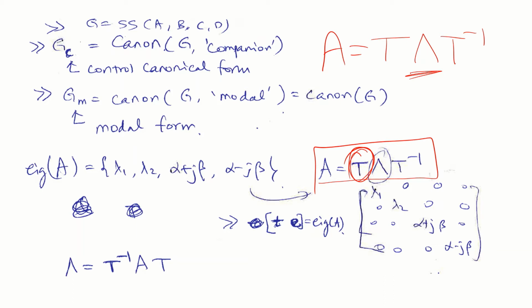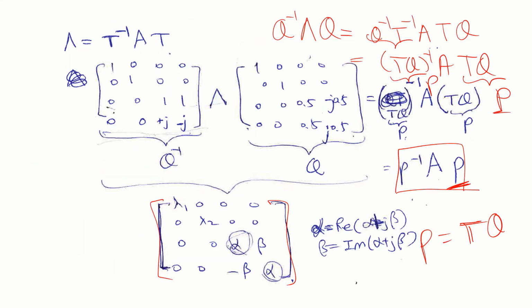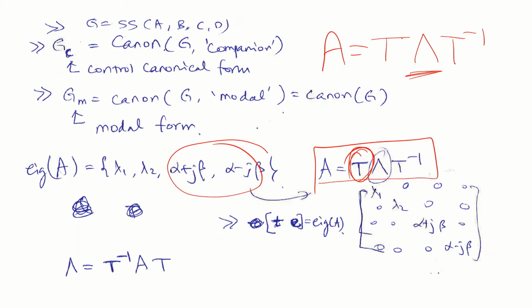If all the eigenvalues are real, then that's fine. But suppose some eigenvalues are complex, and then we do a little bit of modification, right? Now we apply the Q here, and Q here.